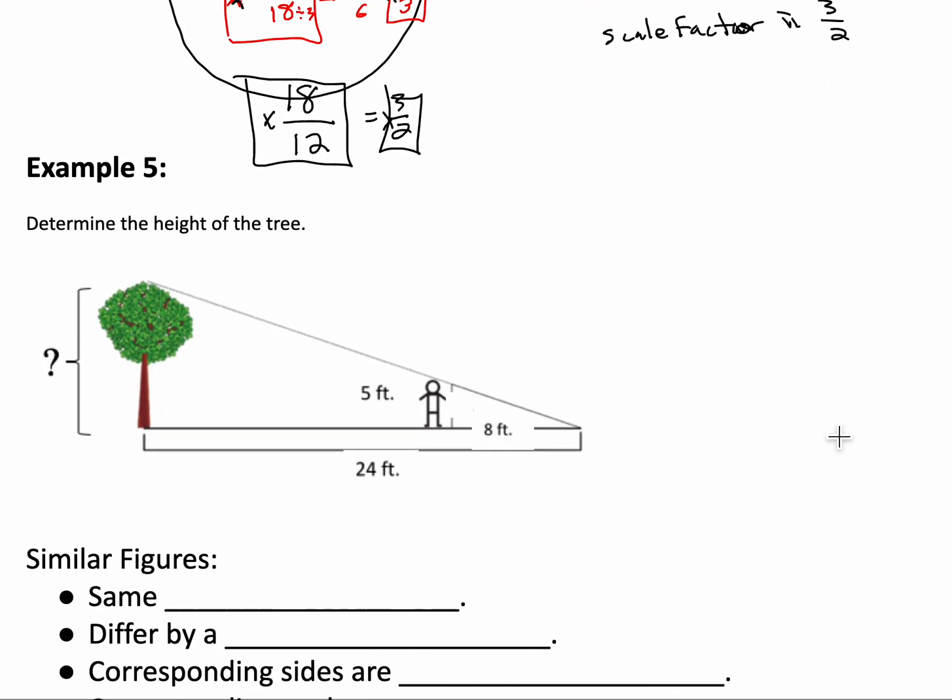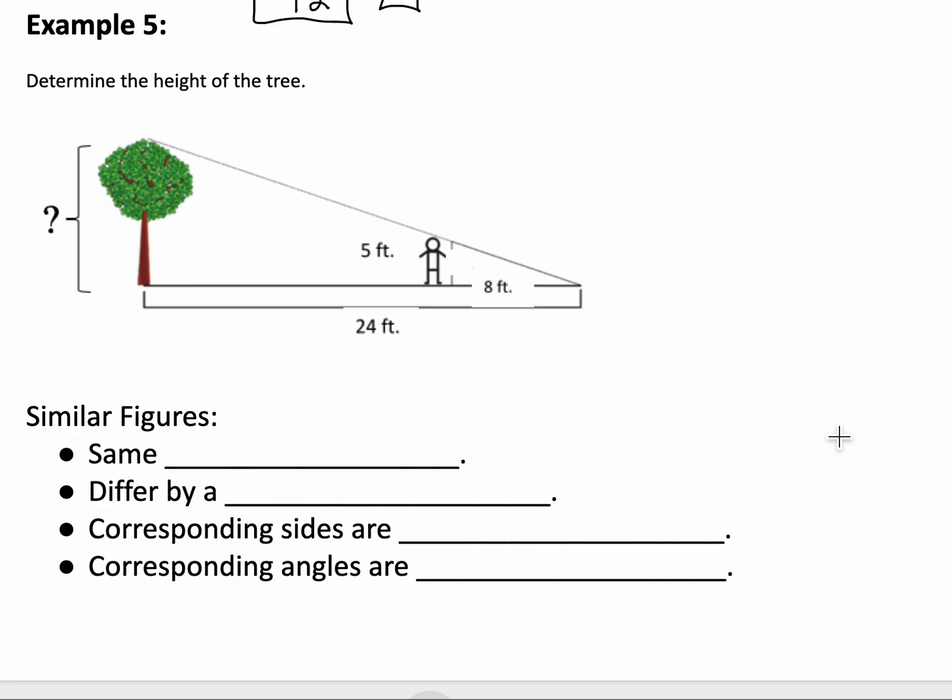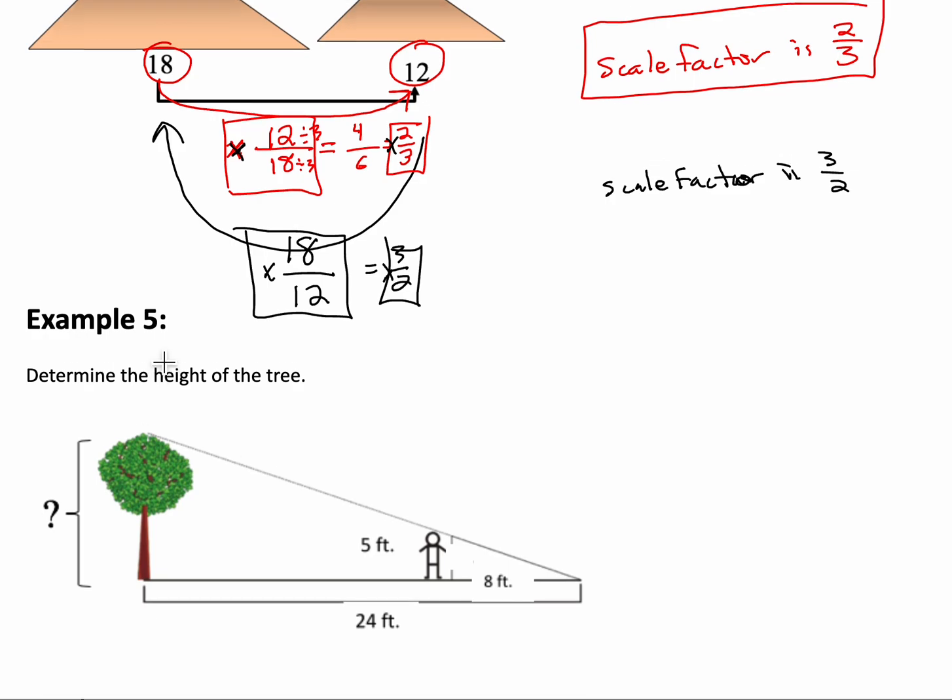Now, how do we apply that to an example? And it's usually a tree problem or a flagpole problem. And that's how I kind of think of these two, as the scale factor. Now, this one's more complicated. Why was this one up here easier?